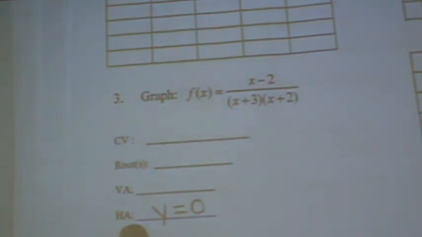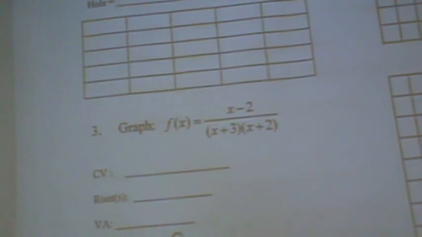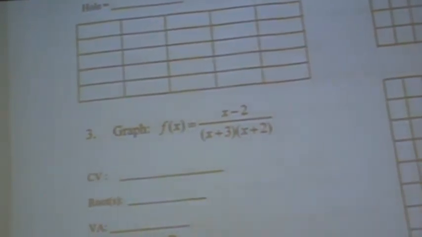And yes, horizontal is a weak asymptote. I do not believe there are any parabolic asymptotes on there. I'm going to stop here.